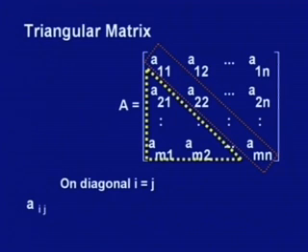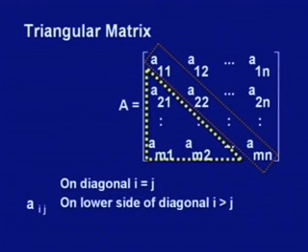Like, if we consider the element A21, then the row index 2 is bigger than the column index 1. Similarly, for this, n is bigger than 1, the same thing happens here, and this is true for all elements appearing in this part. So, we say that Aij, if it appears in the lower side of the diagonal, then i is greater than j.